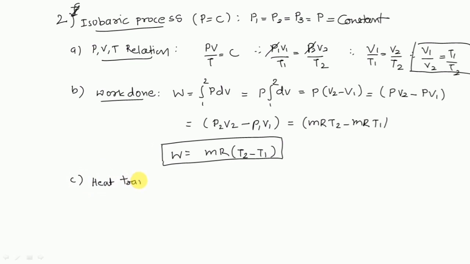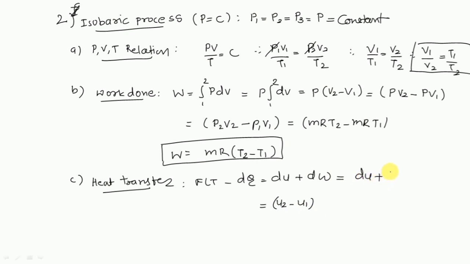Now the third one is heat transfer. For the heat transfer, we know the first law of thermodynamics, FLT: dQ is equal to dU plus dW. So we can write U2 minus U1, because it is the change in internal energy, plus the work term, the change in pressure and volume.